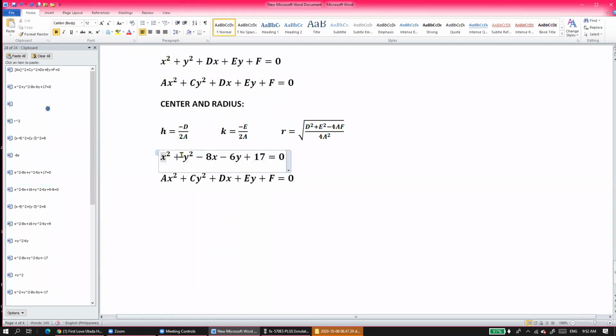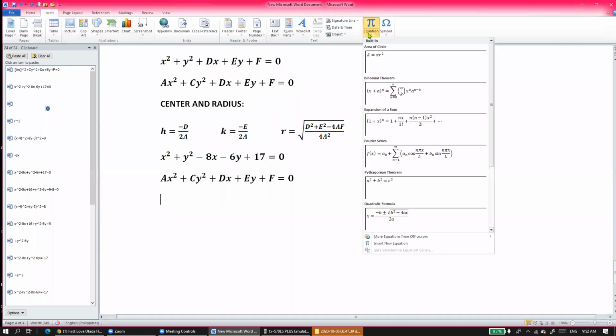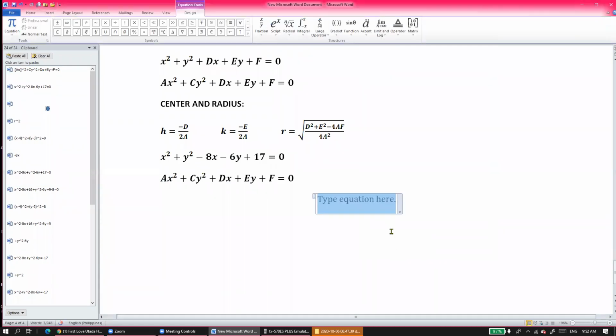So what will I do? I will compare our given equation, general form of the circle, to this general form of the circle as a formula. So ano lang ilalagay ko? Susulat ko lang yung mga value ng mga variables. A is equal to 1. C is equal to 1. D is equal to negative 8. E is equal to negative 6.